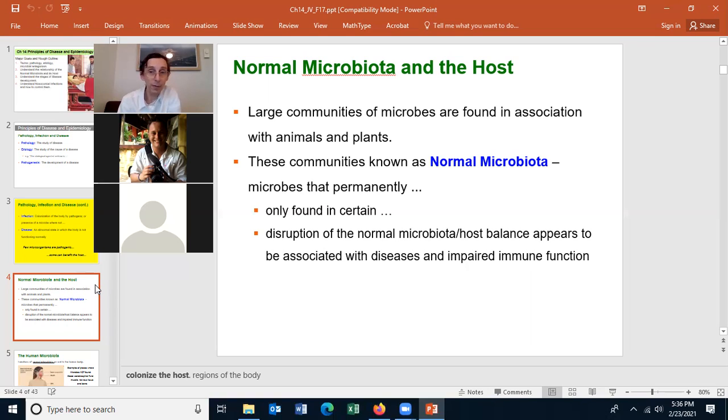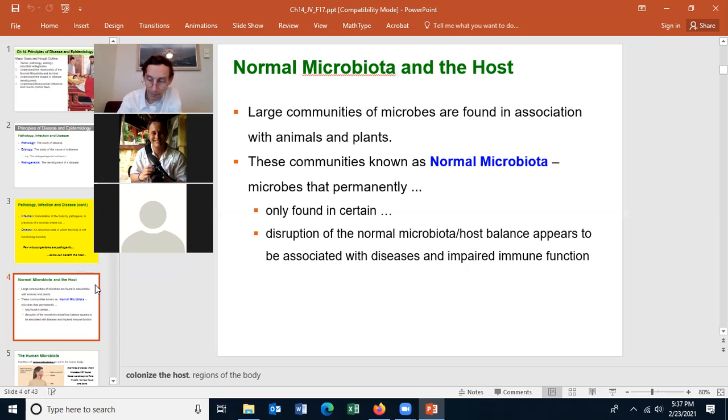Disruption of the normal microbiota and the host balance appears to be associated with diseases and impaired immune function. Has anyone ever taken antibiotics and gotten diarrhea, an upset stomach, or constipation afterward? I haven't, but I've had a lot of patients who have. They get like C. diff or something like that.